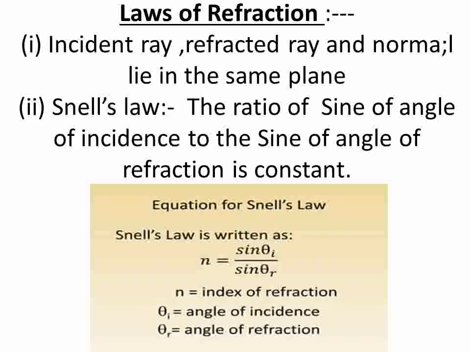It is written as n is equal to sine i divided by sine r, or we can take theta i or theta r, where one angle is the angle of incidence, second is the angle of refraction, and n is the refractive index of the second medium with respect to the first.